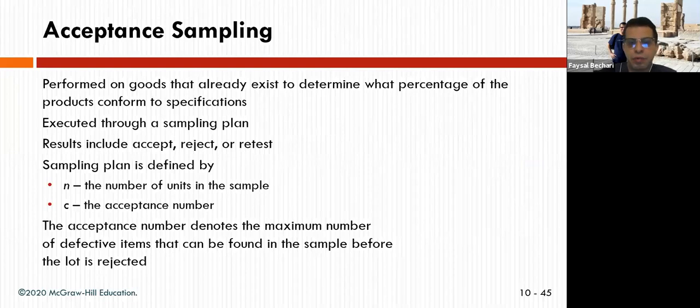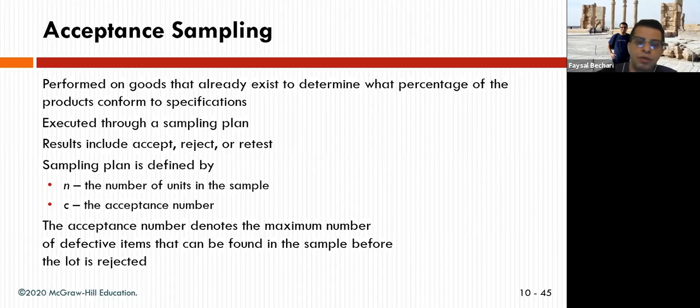Now, acceptance sampling is performed on goods that already exist to determine what percentage of the product conforms to specifications. It's executed through the sampling plan, and the result is whether you accept, reject, or retest. In other words, without going into the details, say I have 10,000 pants.